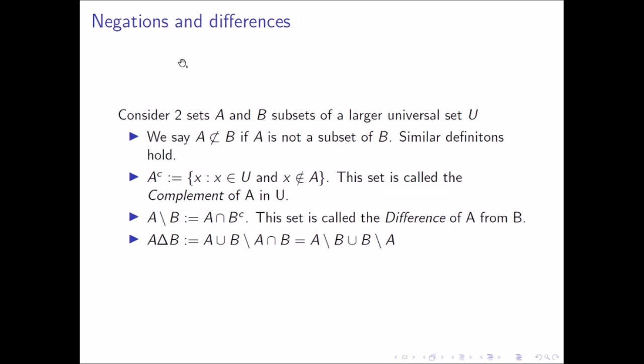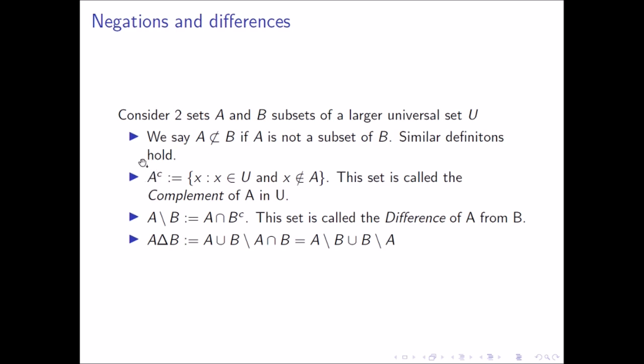So now we come to negations and differences. See over here, negations and differences sometimes become very relative, but we fix our universal set so that no confusions arise out of this. So again, our usual assumptions, and we say A is not a subset of B, this sign meaning not a subset, if A is not a subset of B. Similar definitions are A is not an element of B, A is not a superset of B, or A is not empty, and loads of them.